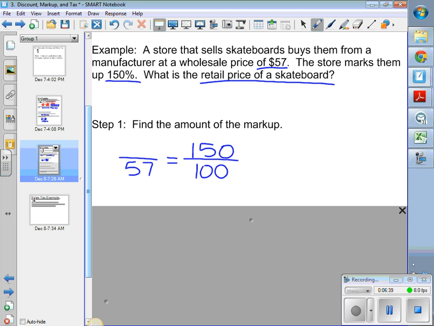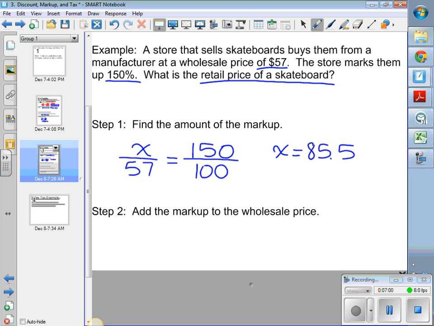So here's our X. Okay, so when I multiply 57 times 150 divided by 100, I get that X is equal to 85.50.